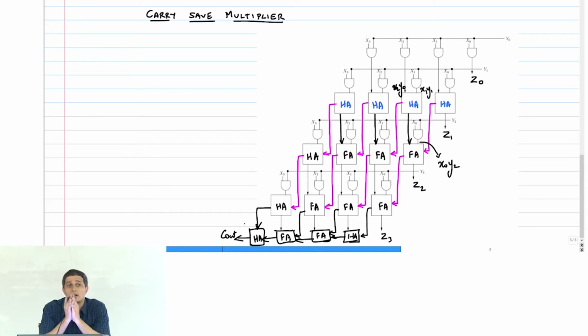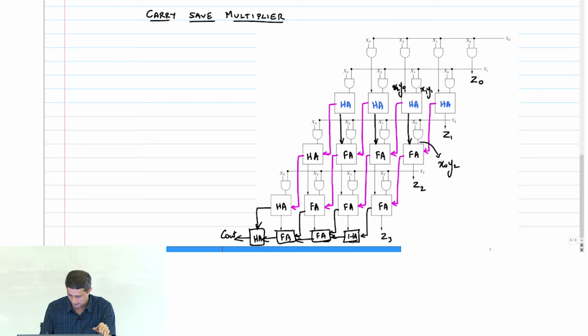Any questions here? How will C out come? No. In the previous implementation, the array multiplier, Z7 was the C out of the last adder. Here Z7 is the sum bit of the last adder. Correct?